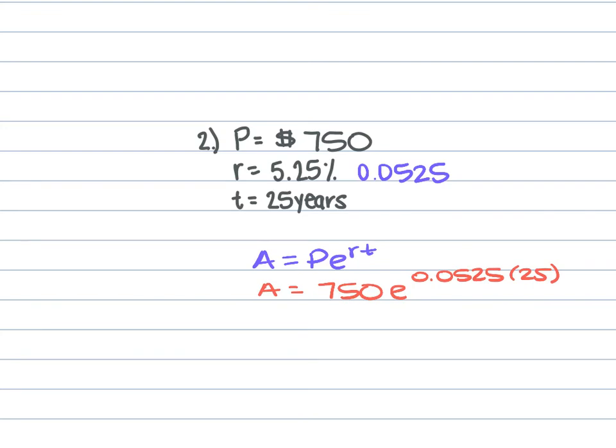So in our calculator, we do 750 second ln, so that gives us our e to the power of 0.0525 times 25. Hit enter. We get that A is equal to $2,786.59.